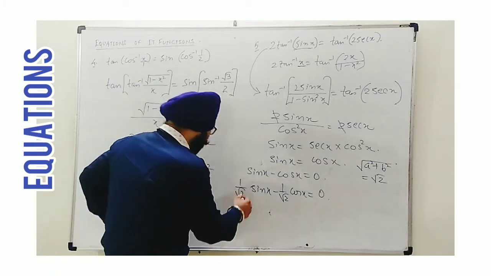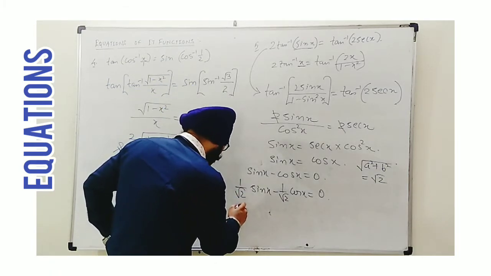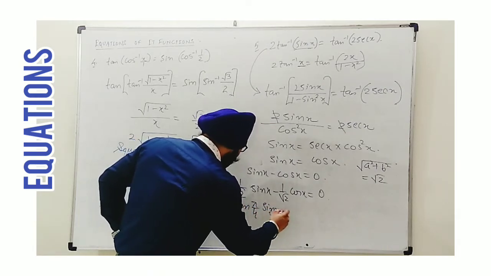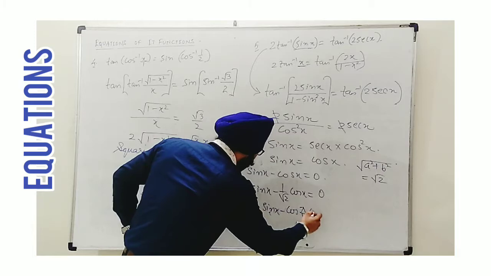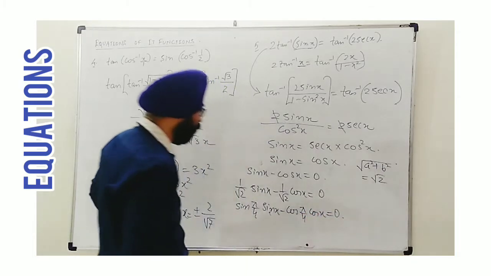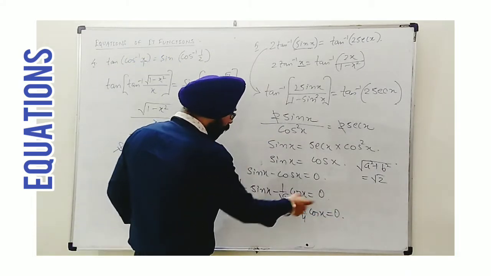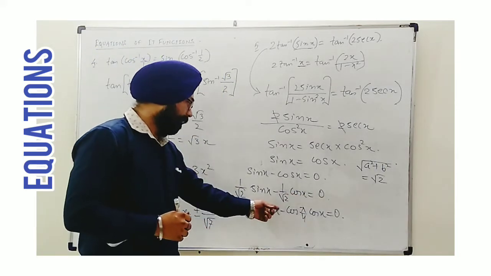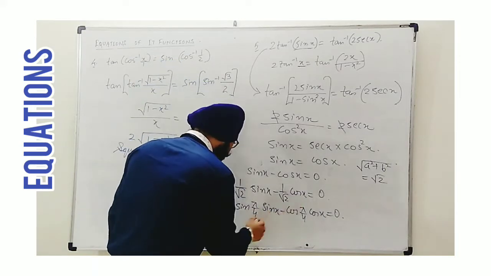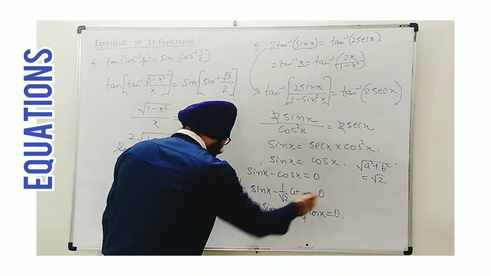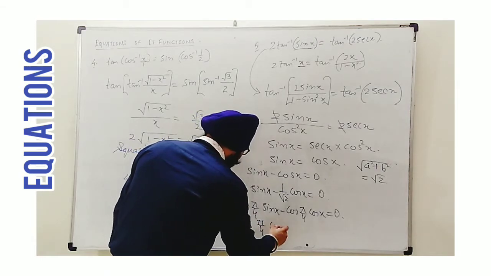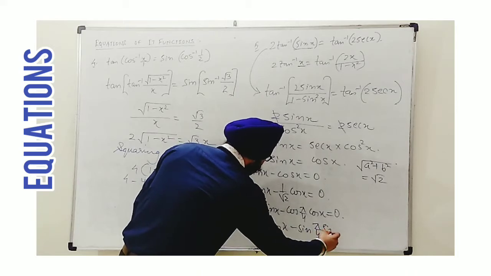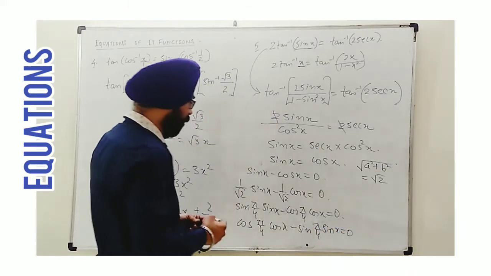This 1 by root 2 can be written as sin pi by 4 sin x minus cos pi by 4 cos x equal to 0. Now this becomes an identity, cos A cos B minus sin A sin B, where we see one thing: this is the second term, so this can be written in reverse order, as the right hand side is 0, cos A cos B minus sin A sin B equal to 0.